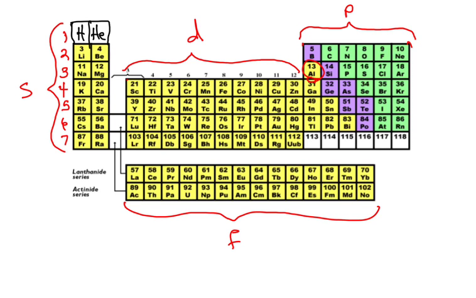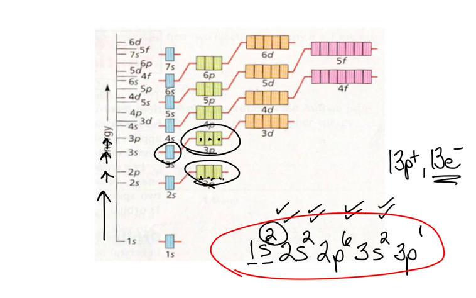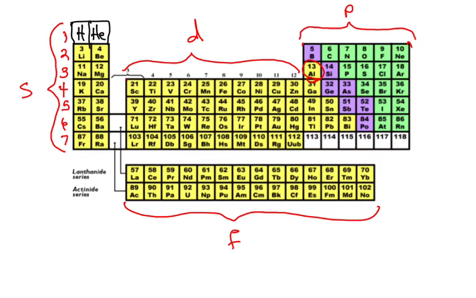In other words, if I am not looking at this chart, can I still come up with this electron configuration? The way we do it is we go through each row, starting always up here at hydrogen, and we write down the row number, which would be 1 to start with, the block, which would be S, and the number of spots in that block.